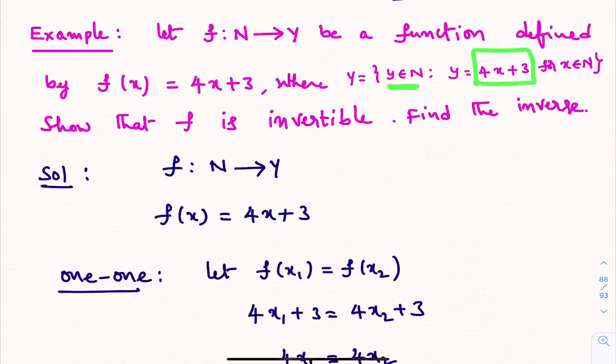For example, in place of x, if I take 1, the y value is 7. So in this set 7 will be there. In this set 1 will be there. Is 1 there in the codomain? No, because the minimum value is 7. Whenever x is a natural number, this minimum value is 7. Please try to understand.